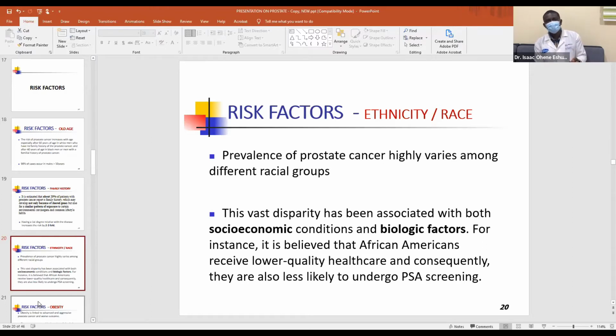And once you pick it up ahead of time at the early stages, remember we said that cancer is very slow progressing, so we can even do something about it before it gets to full-blown cancer. So when you look at it in that perspective, we are diagnosing fewer cases in whites as opposed to diagnosing more cases in Blacks. So statistically, we find more cases in Blacks as opposed to whites.